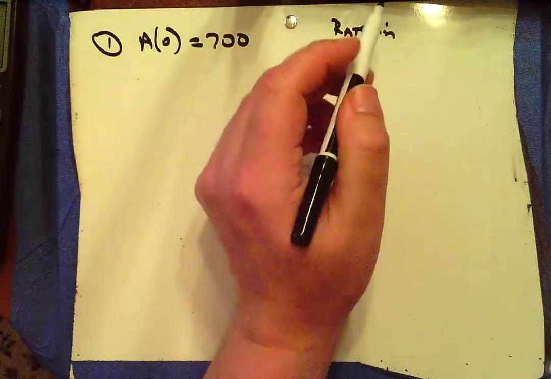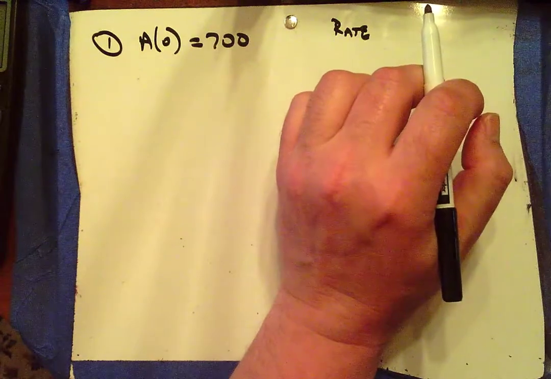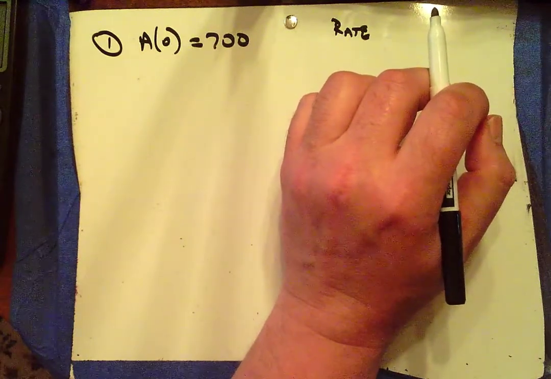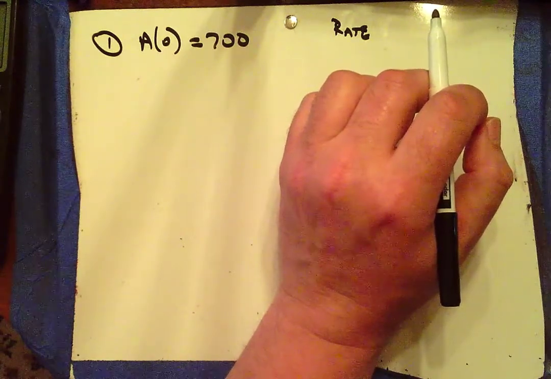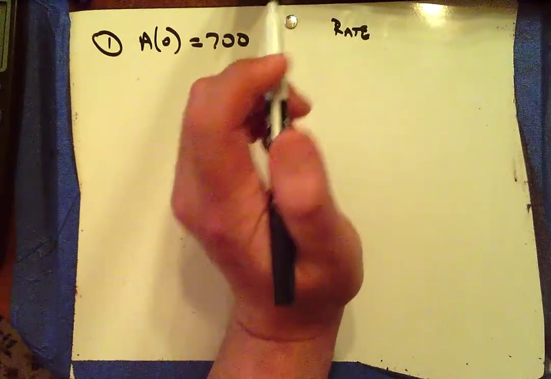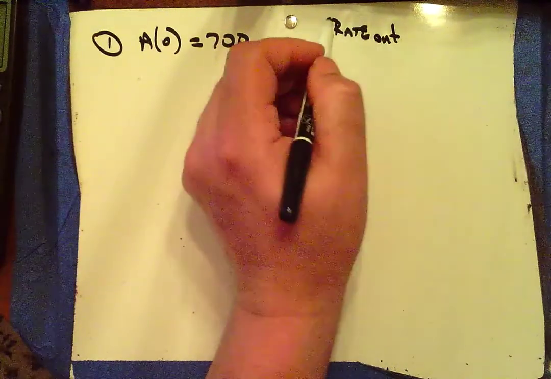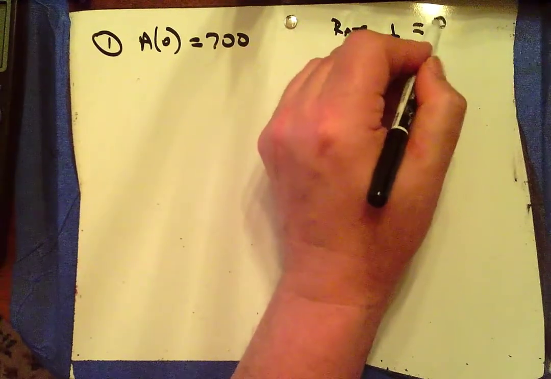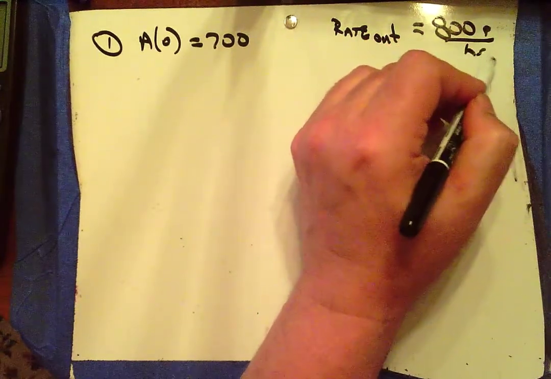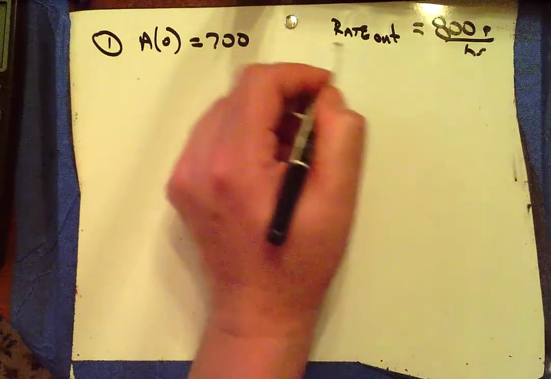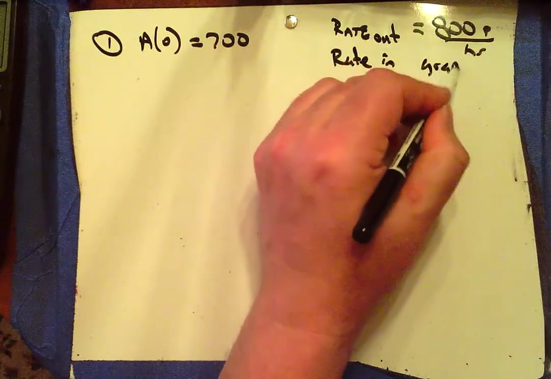Rate, move on to the ride. People arrive at the ride, not at the park. So rate out, because they're leaving the line and going onto the ride, is 800 people per hour. And then the rate in is the graph.